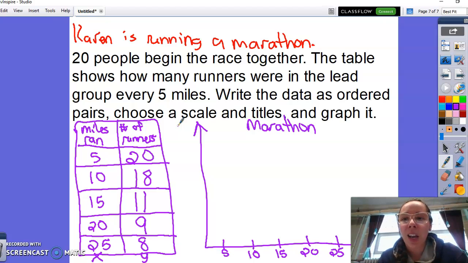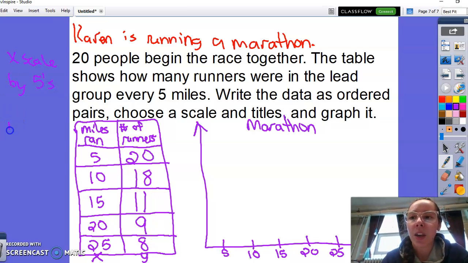And now we have to decide what scale we want. What should we go by for the side? This one was done for us. This one's done by 5s. So X scale by 5s. But what should the Y scale be? I see a couple even numbers in here.